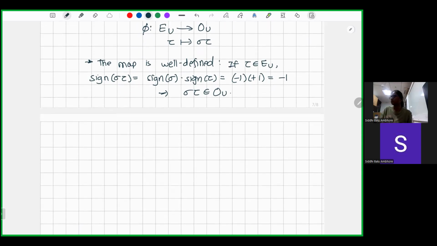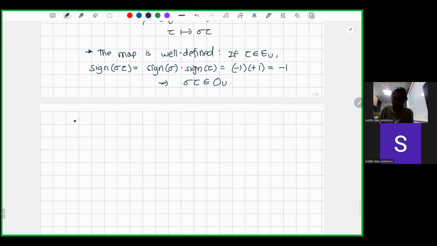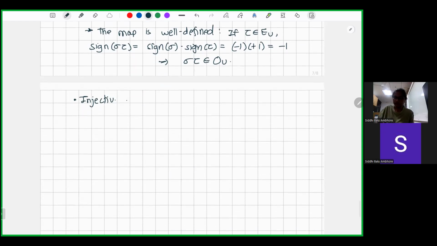Now we will check the injectivity of this map. Suppose I have tau1 and tau2 belonging to EU, with phi of tau1 equal to phi of tau2.